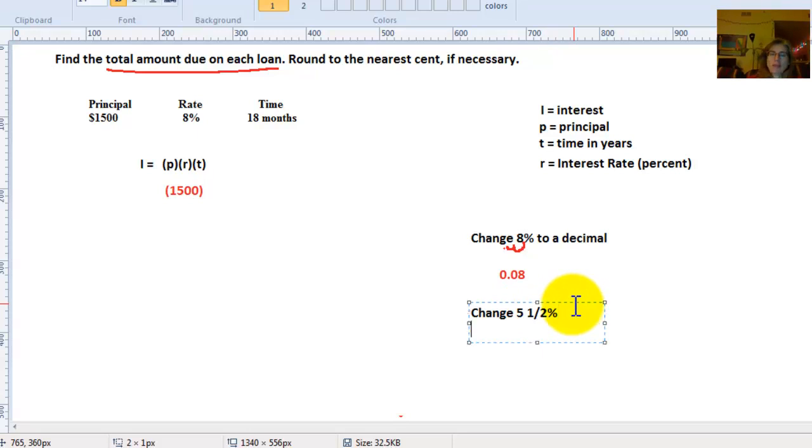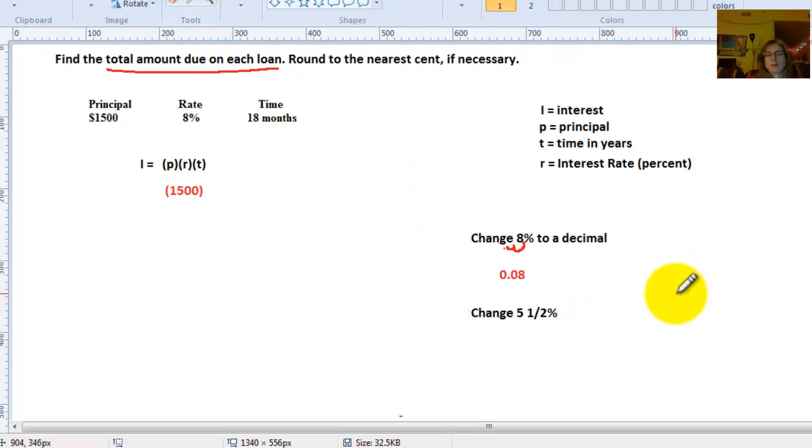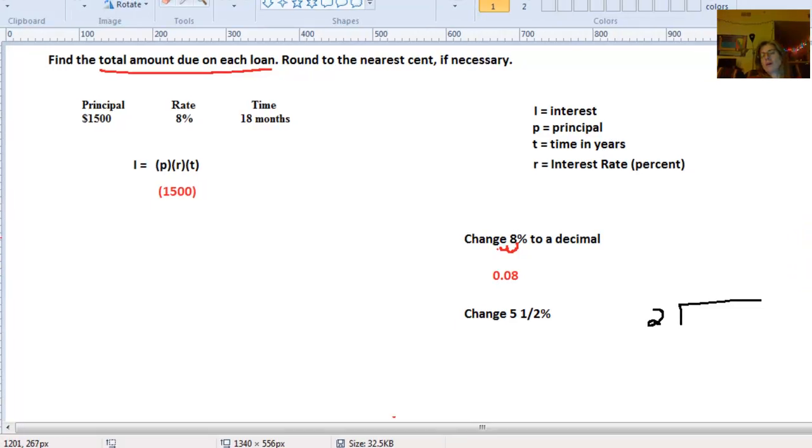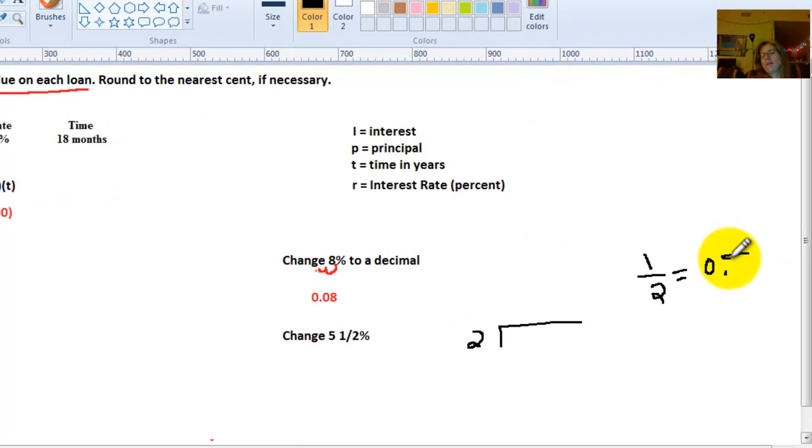And how you do that is you take the fraction and you're dividing 2 into 1. That's what you do to change 1/2 to a decimal. Some of you may already know 1/2 equals 0.5. We already know that.